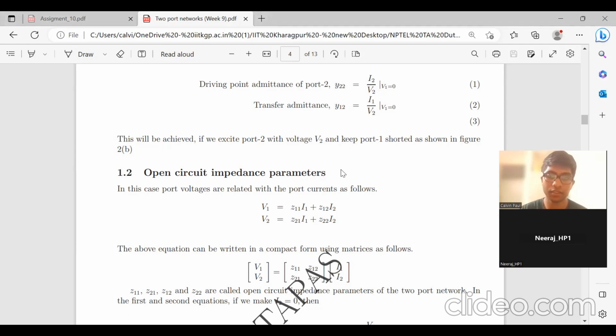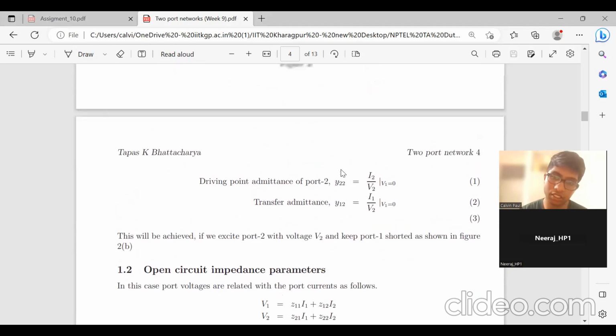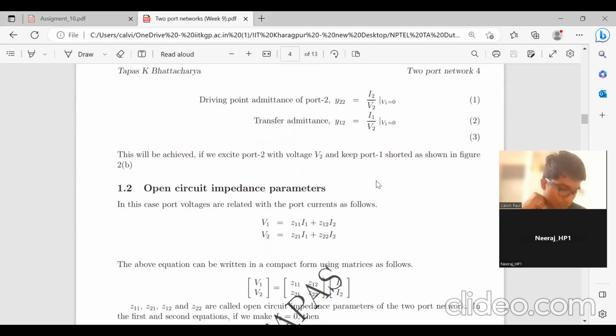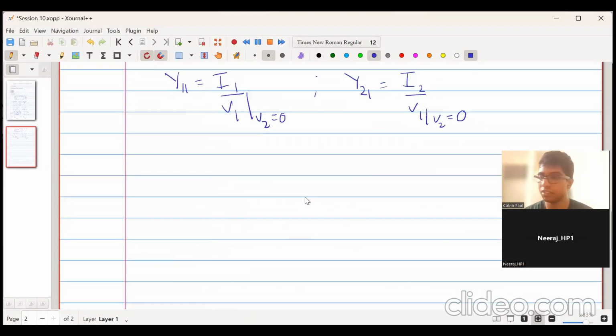So now we will consider Z parameters. We did that for Y parameters of the two-port network, and now we will do it for Z parameters. In the case of Z parameters, the voltages are written in terms of the currents.